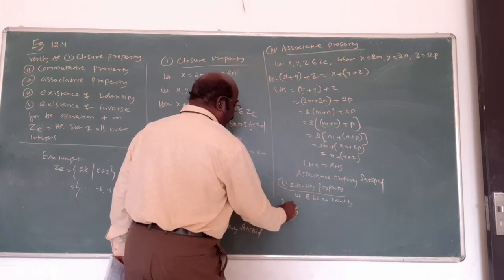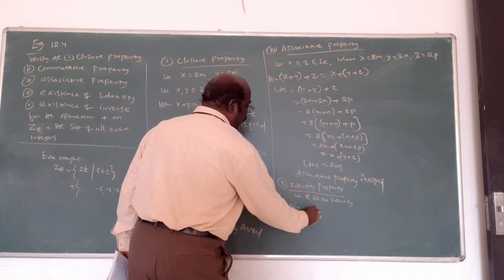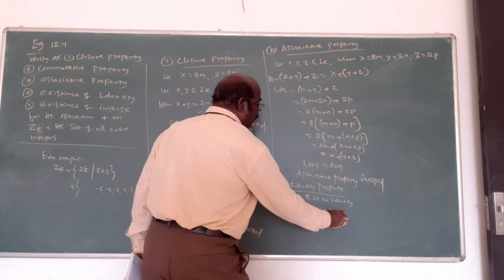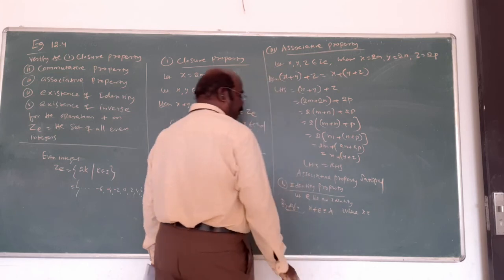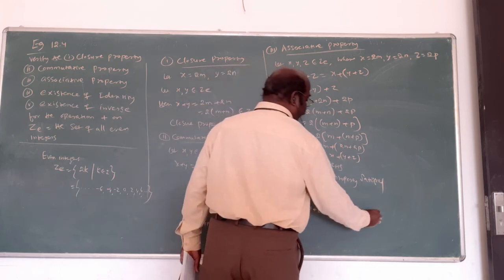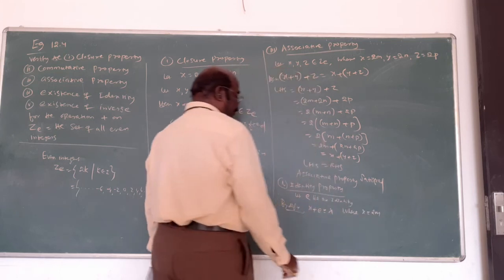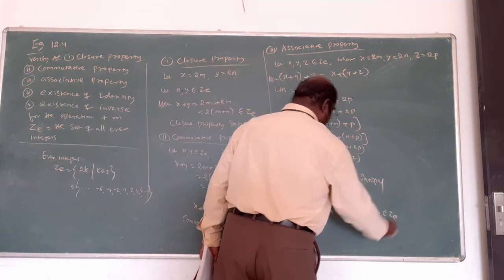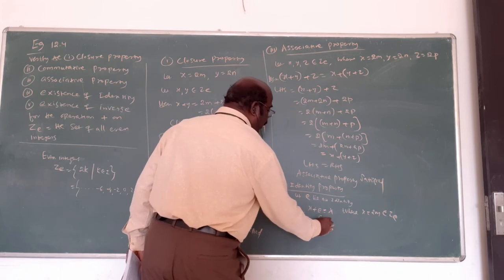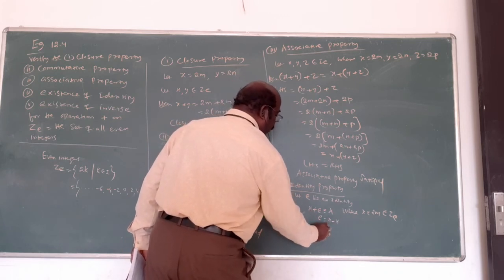By definition, x plus e equals x, where x is 2m and belongs to E. Now e is what? x minus x is 0.